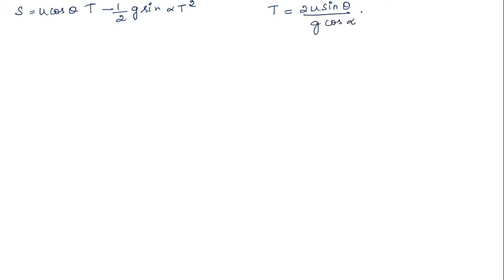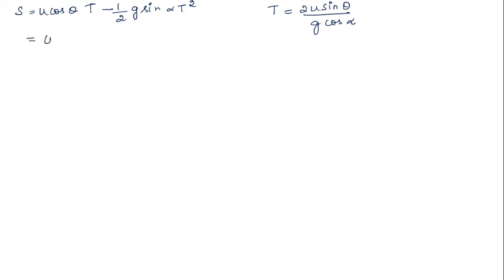So this will be u cos theta into t minus half into g into sine alpha into t squared, provided our t is 2u sine theta divided by g cos alpha. Now we are going to substitute all these things in this formula.